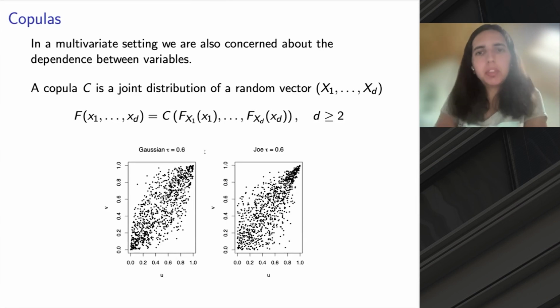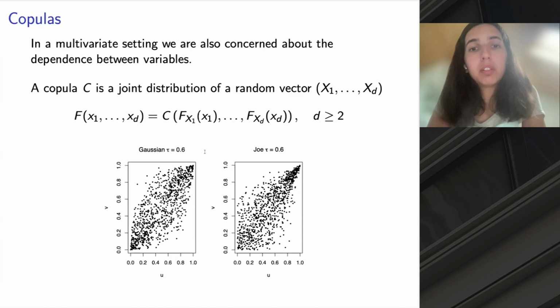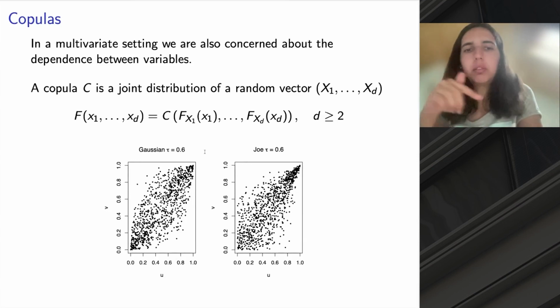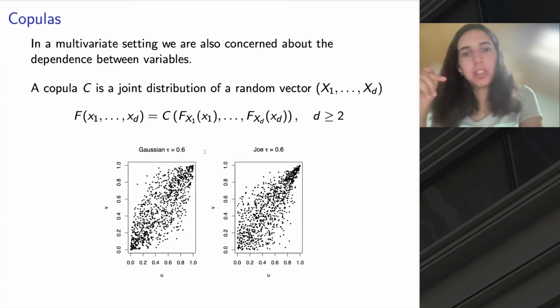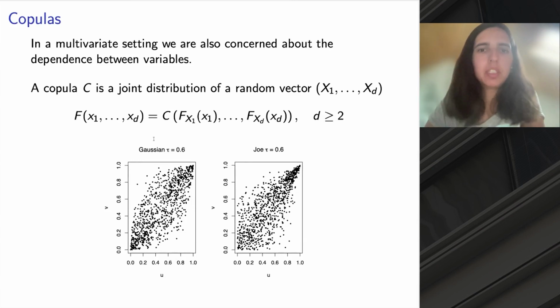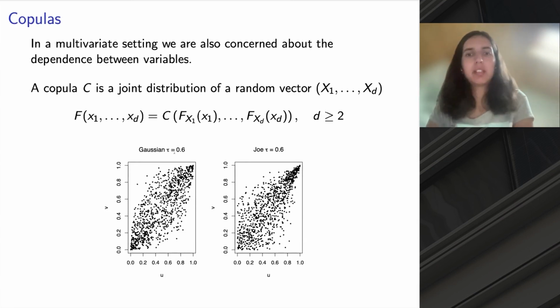In the pictures, what I'm showing is that usual measures such as Kendall's tau, the concordance measure, or the Pearson correlation coefficient give an idea of the overall correlation, but not how the dependence evolves across the support. Here we can see with the copulas, giving the same value of Kendall's tau, we have different structures of dependence.